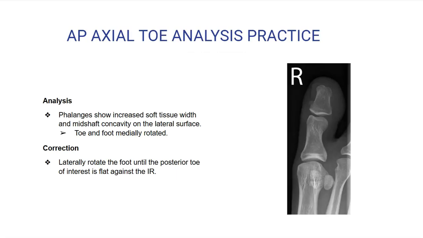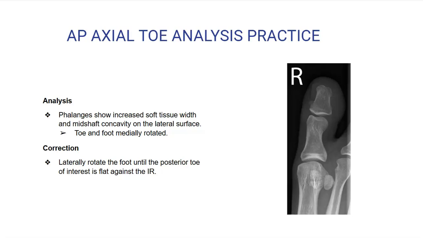Let's review this image analysis together. In this AP axial toe projection, mispositioning has led to an increased soft tissue width and midshaft concavity on the lateral surface. This indicates there's medial rotation of the foot and toe here.